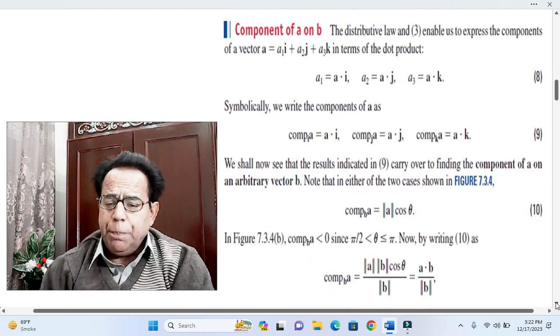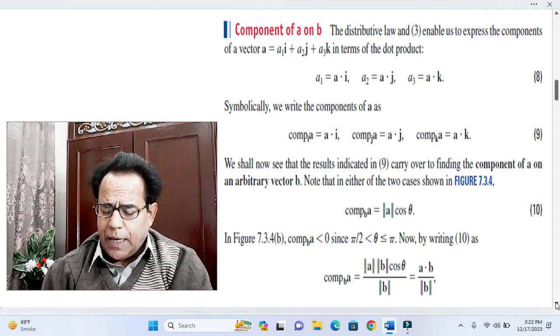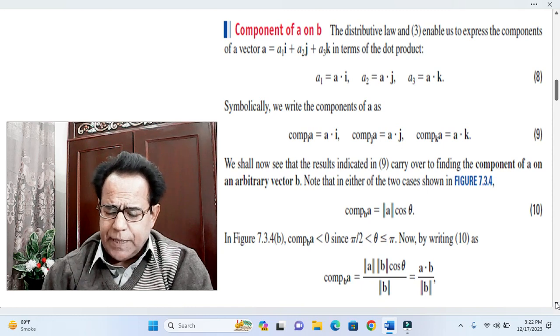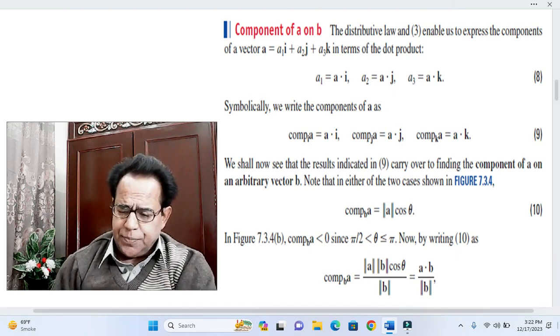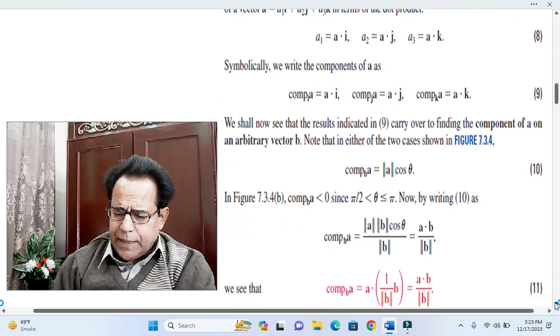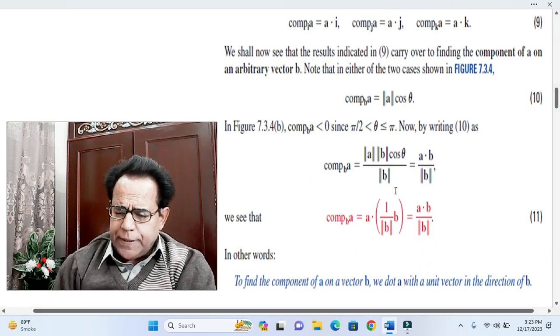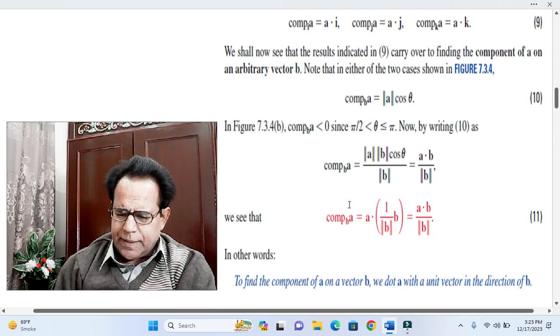Component of A on B. Dear students, all this snapshot is relevant, but here we take into consideration only the conclusion of this snapshot.